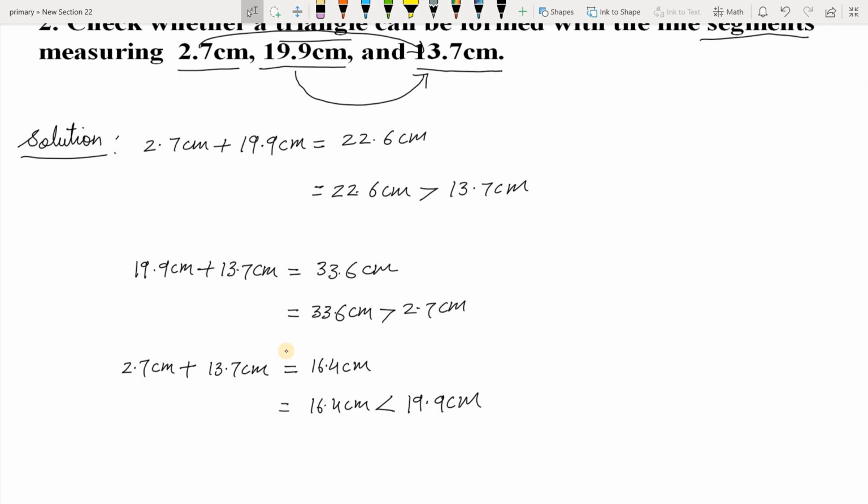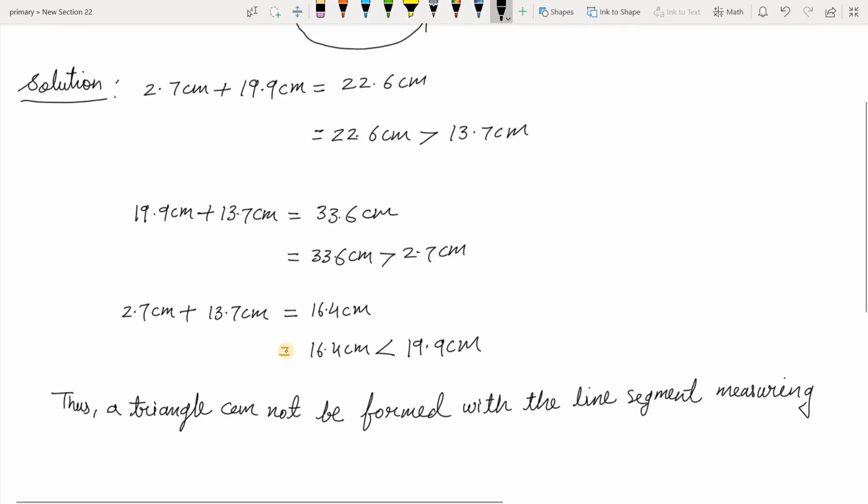Since the sum of every pair of line segments is not greater than the third line segment, thus a triangle cannot be formed with line segments measuring 2.7 cm, 19.9 cm and 13.7 cm. So students, this is how we can check and form a triangle by using the given line segments.